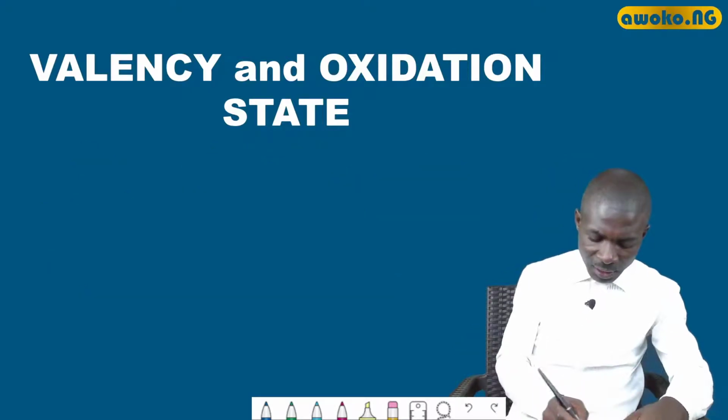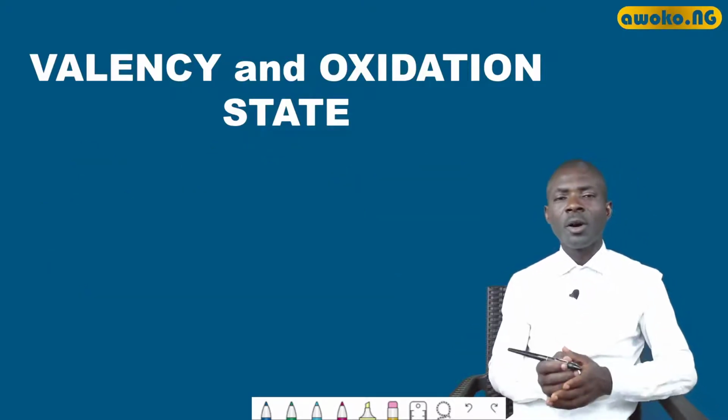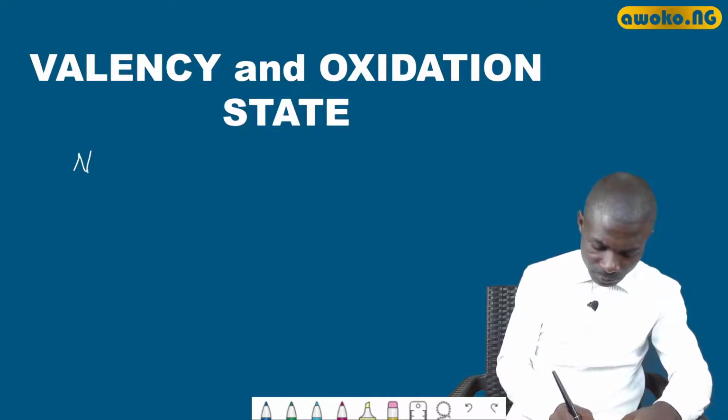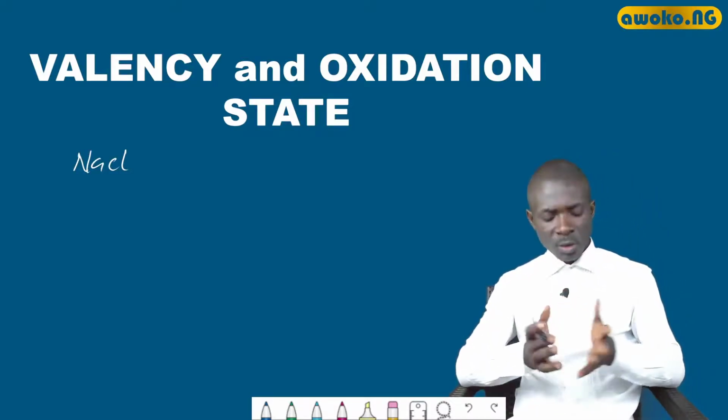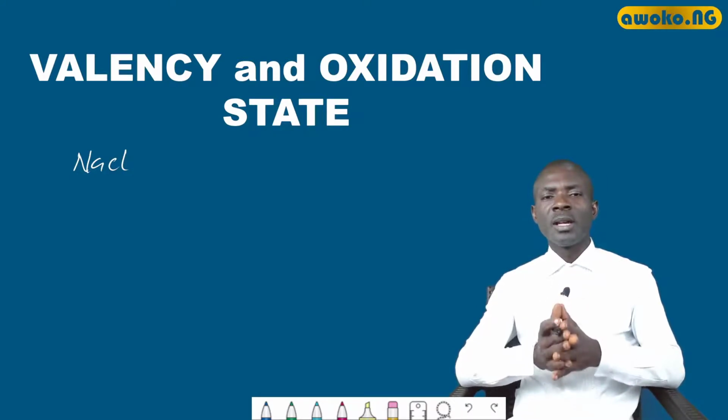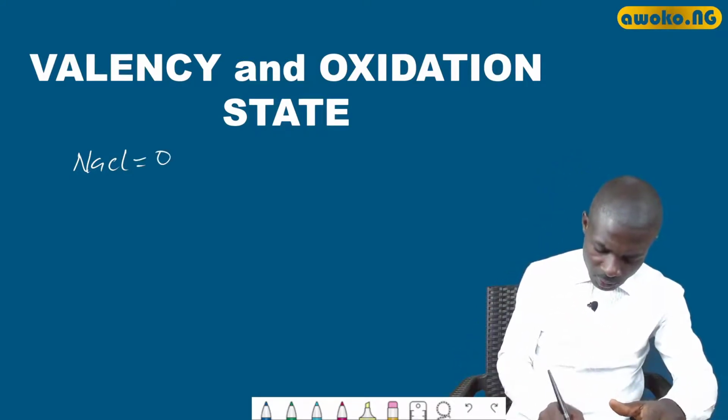If I have elements in the form of a compound like sodium chloride, the sum of the oxidation state of sodium plus chlorine is equal to 0.